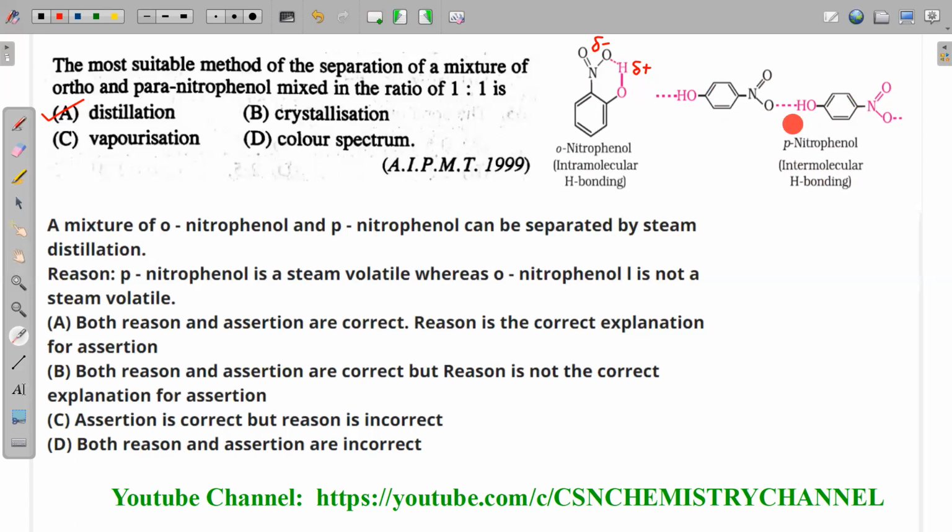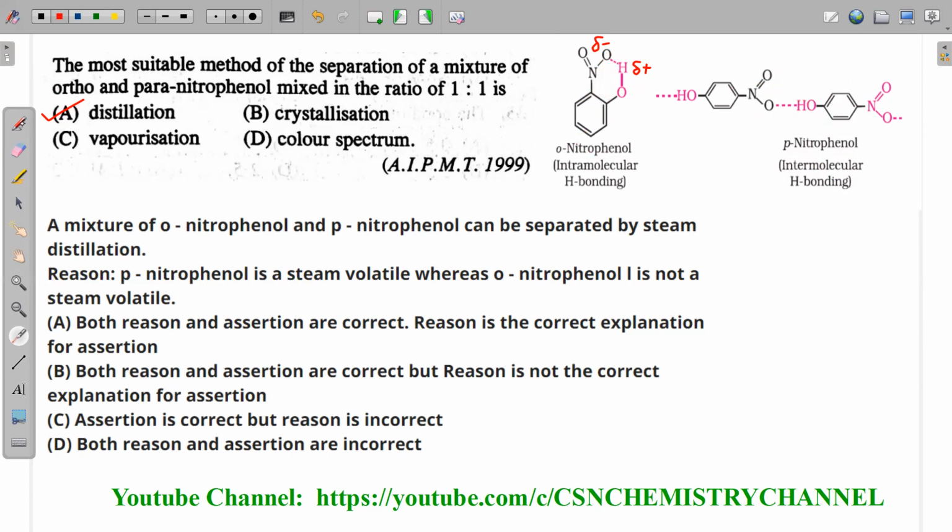When the molar mass increases, the boiling point of the compound increases. Para-nitrophenol exists in the form of a dimer. Ortho-nitrophenol exists as a simple discrete molecule because of intramolecular hydrogen bonding. So here molar mass is less, boiling point is less. Here molar mass is more, boiling point is more.